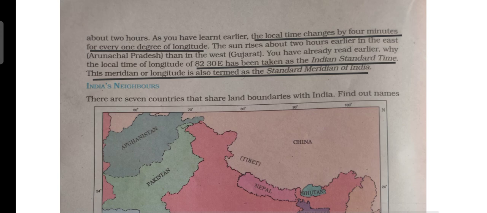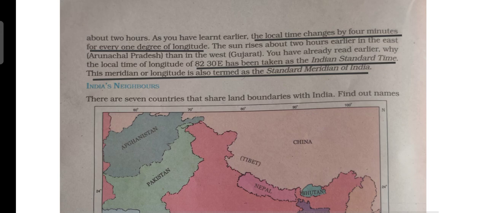The sun rises about 2 hours earlier in the east, means Arunachal Pradesh, than in the west, means Gujarat. You have already read earlier why the local time of longitude 82 degree 30 minutes east has been taken as the Indian Standard Time. This meridian or longitude is also termed as the Standard Meridian of India.